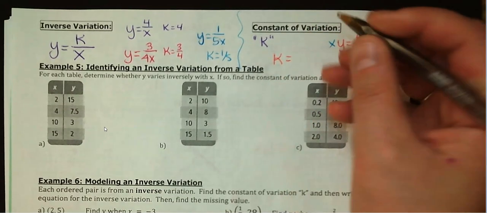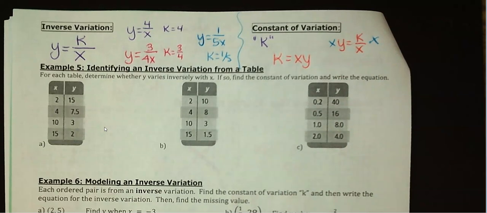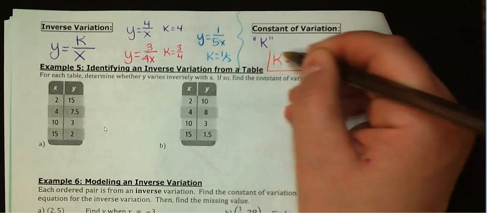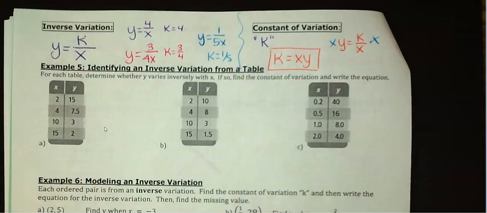So if you don't know the k value and you have x and y coordinates, you can figure it out by multiplying them together. So it's just the opposite of what we did on the front with the direct. The actual equation is y equals k over x, but if you need to figure out that constant of variation, you can take x times y. The way I remember it is for direct, you divide. They both start with a d. For inverse, you're going to multiply.